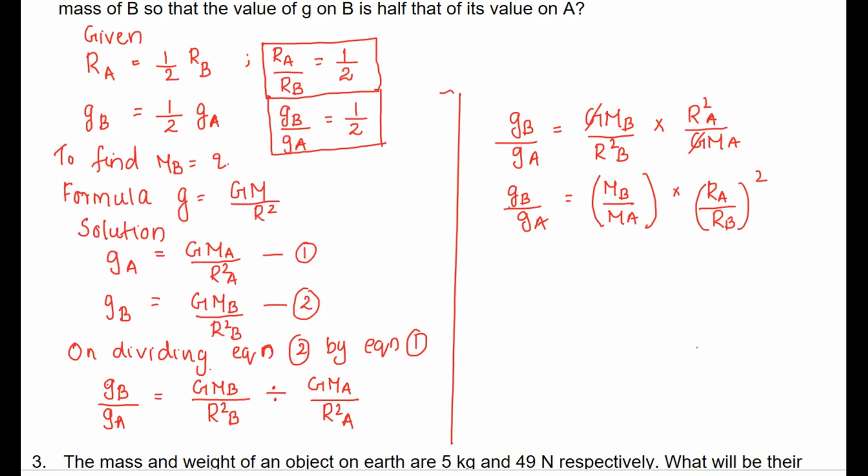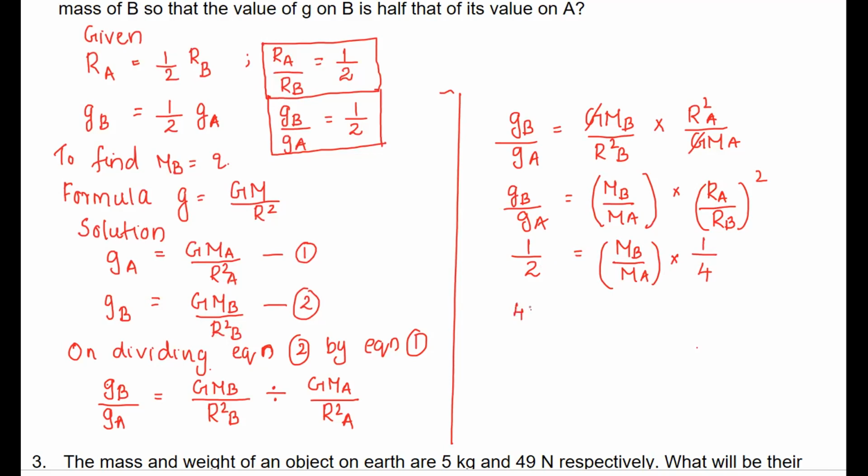Okay. Now GB/GA we got, that is 1/2. So instead of this, we can write 1/2 is equal to MB/MA into RA/RB is 1/2. Here (1/2) the whole square will come. (1/2) the whole square is 1/4. Now I'm going to cross multiply 4 and MA.